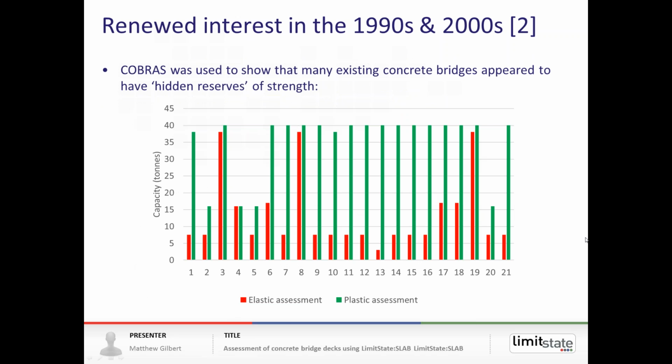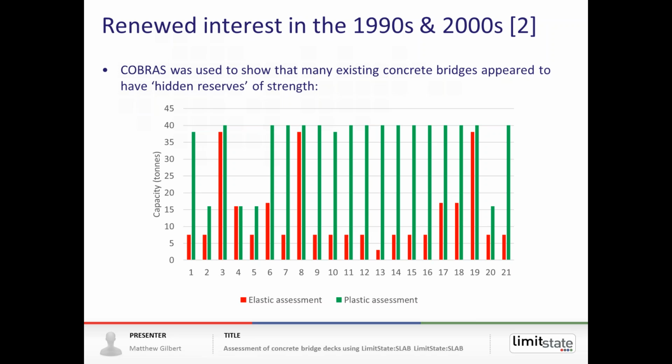And what they found when they applied it to a range of concrete bridges, in this case on screen we've got a sample of 21 bridges, they found that you could get much less conservative predictions of strength than when elastic methods were used.